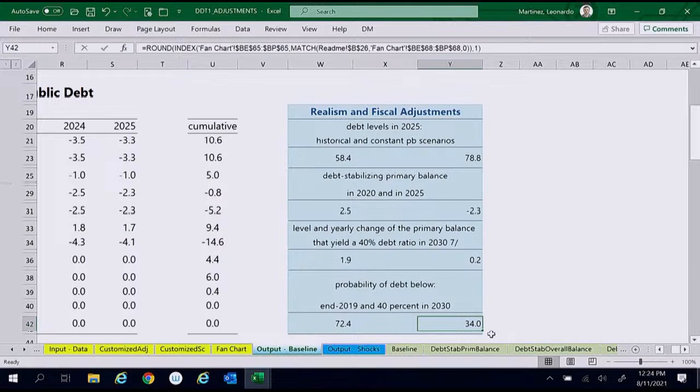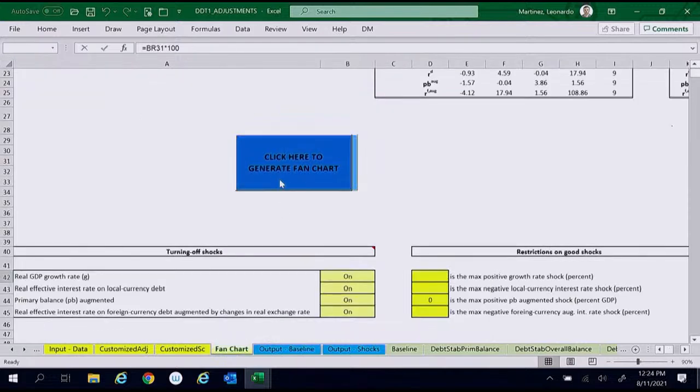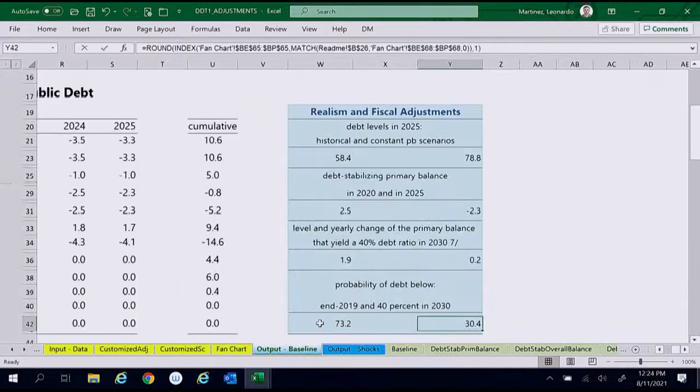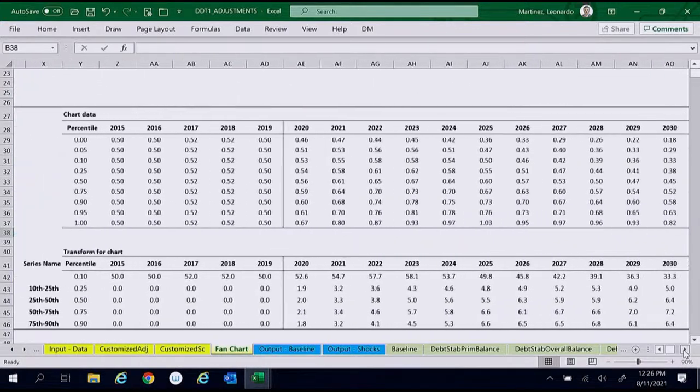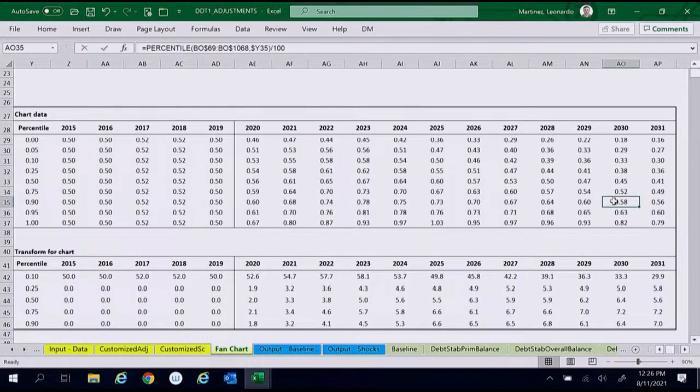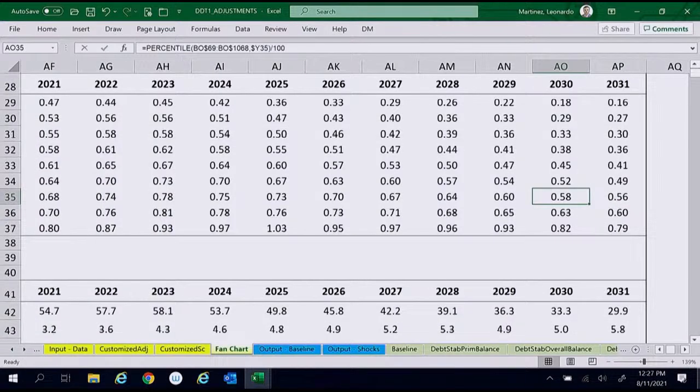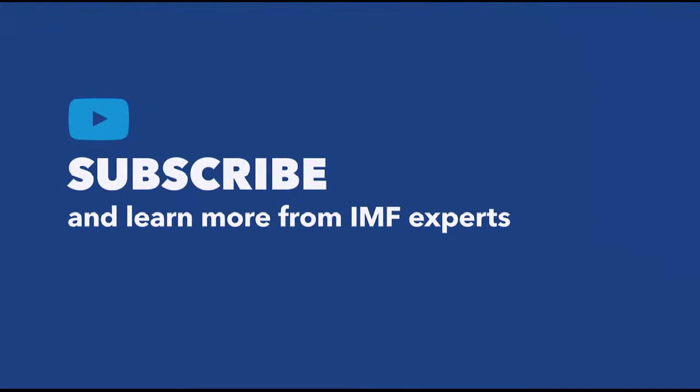Note that these numbers are approximated with the fan chart and may change slightly if we click the blue button again, generating a new distribution of the debt trajectories. Looking at the 2030 debt level in the 90th percentile in cell A035 in the fan chart worksheet, we can also report that there is a 90% probability of Macroland's public debt ratio being below 58% in 2030.